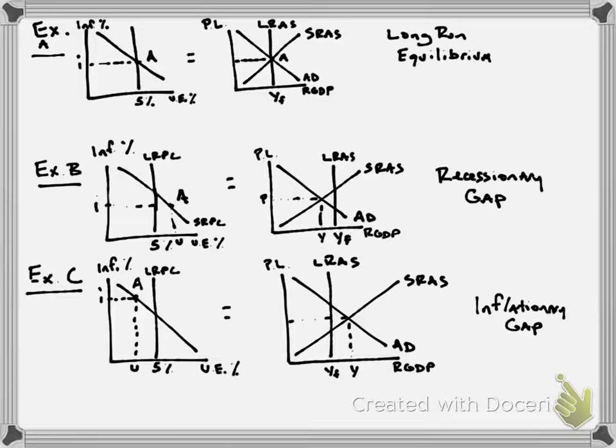Okay? So if something happened, and let's just say that there was an increase in aggregate demand, call that AD1. Well, now we've shifted the AD to the right, so we take our Phillips curve and move along it in the opposite direction. We would move to the left. We'll call that point B. So point B on our Phillips curve and point B on our aggregate supply, aggregate demand graph really represent the same thing.